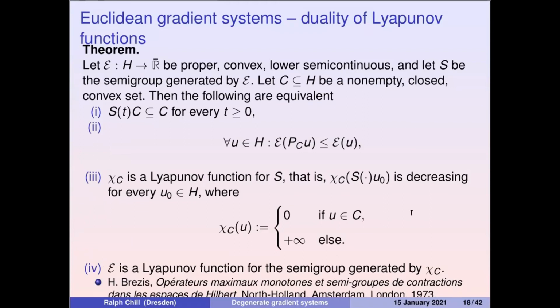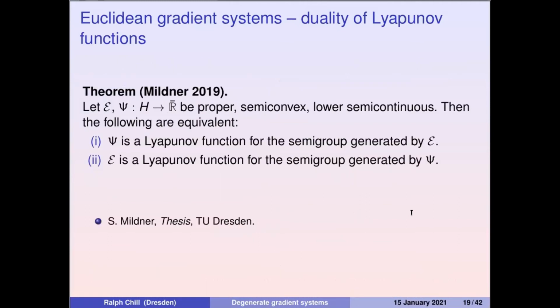But one should say that in this old characterization of invariance, the energy is convex and not semi-convex, which would be a little bit more general. And there's a recent generalization of this.